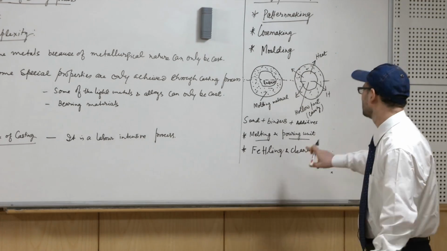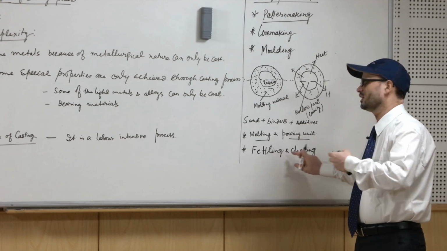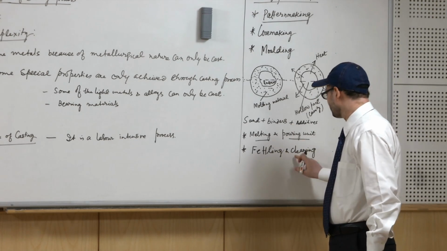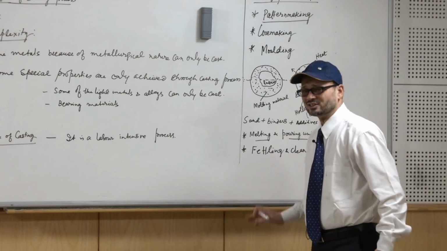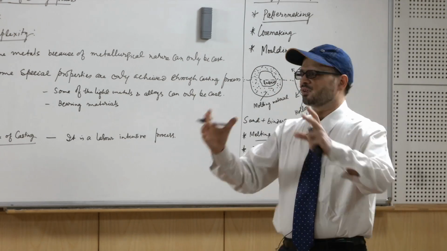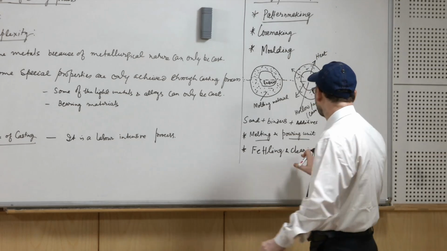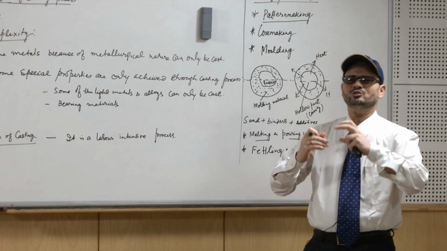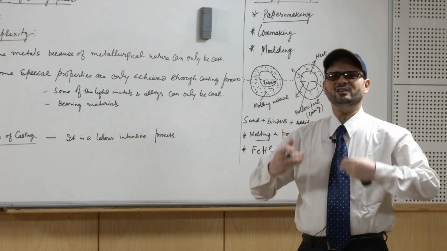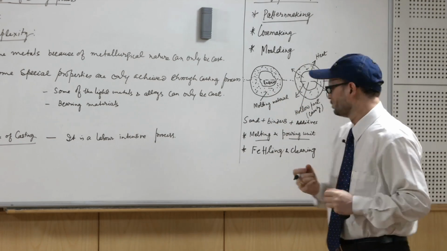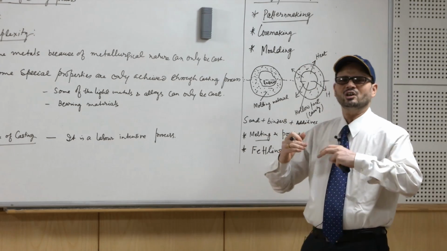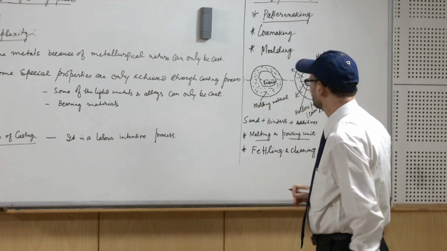So, this we will discuss when we talk about fettling and cleaning towards the end of the course, and the purpose is to give the material a final finish or final look, how the material has to be shown, how its surface roughness is, how you have to pack it and you have to supply it to the customer.